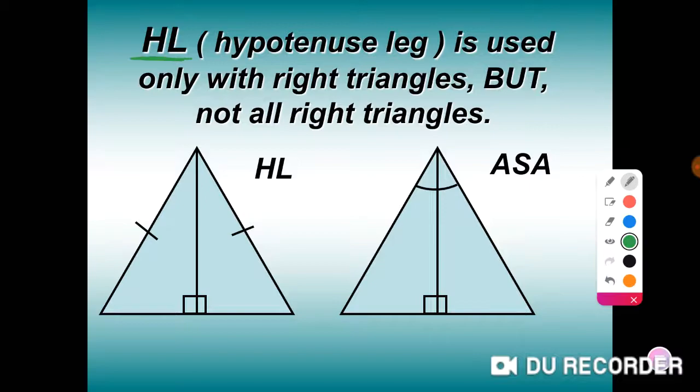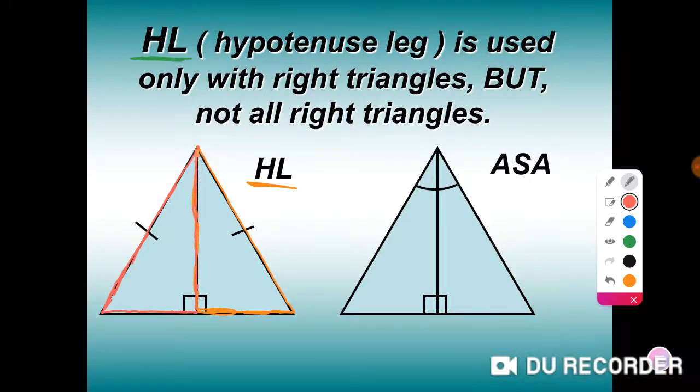What does it mean? For this one, here we can apply hypotenuse-leg, since I have a right angle triangle and it's given. We have an orange triangle and the second triangle, which is that one, and we have a common side right here.